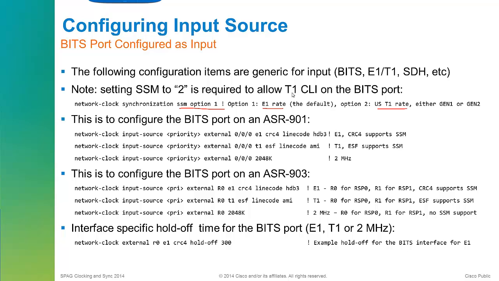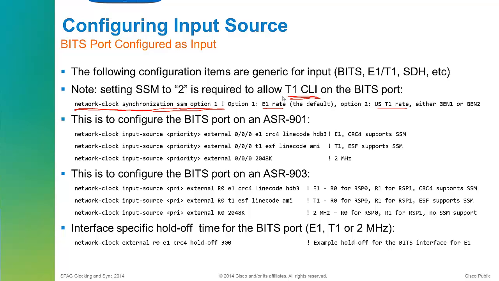So really before you start and you want to get T1 CLI, you need to do that on the BITS port. So if you receive a router and there's a BITS port on it and you can't configure it to T1, or there's no T1 CLI, it's because you haven't set this value here. So it's very important to set that right up front, as I said, in the global options. Once you do that, then you pretty much will be talking E1.